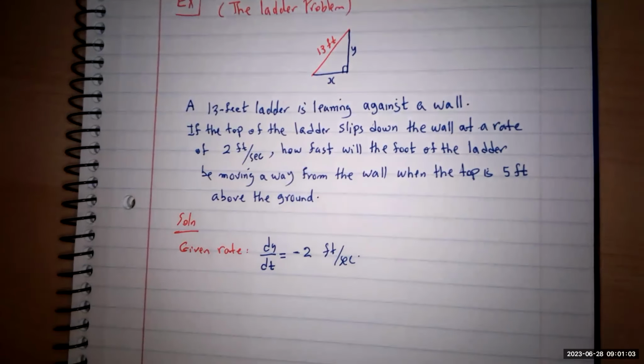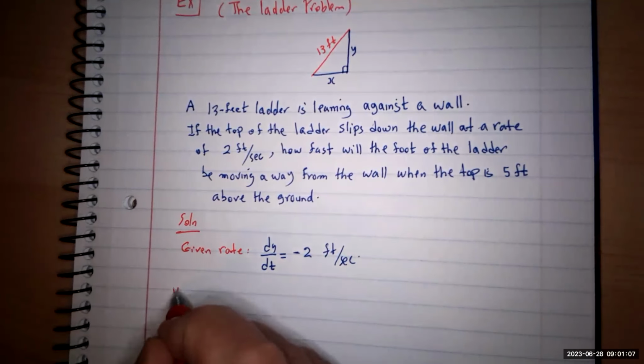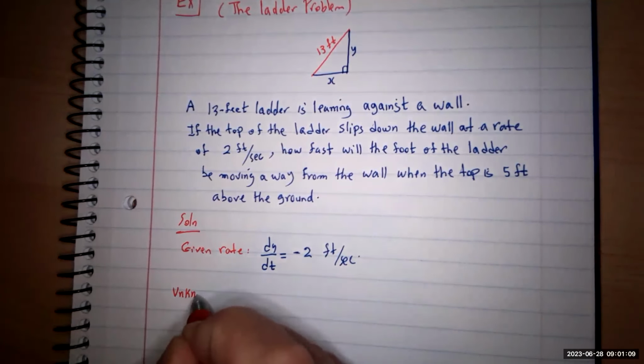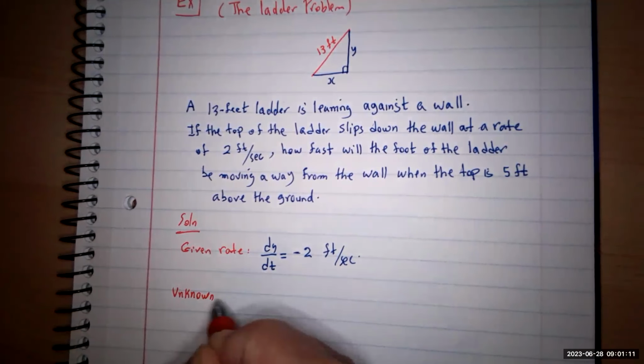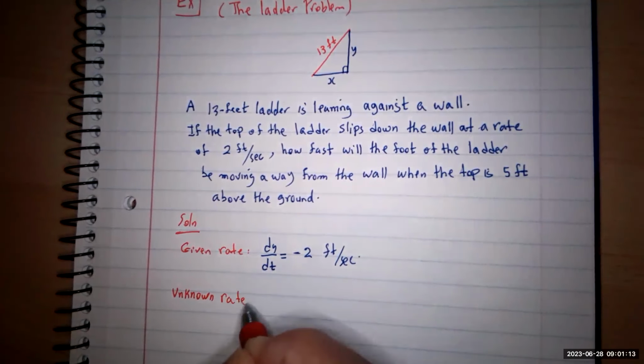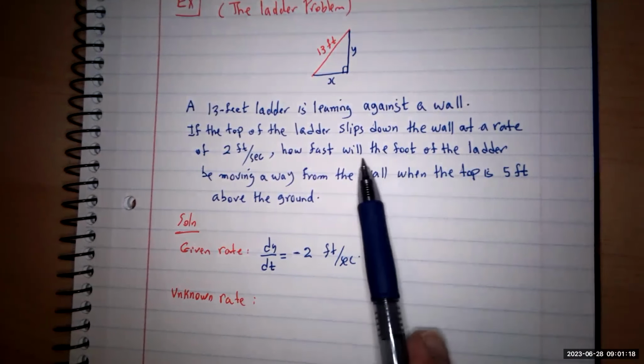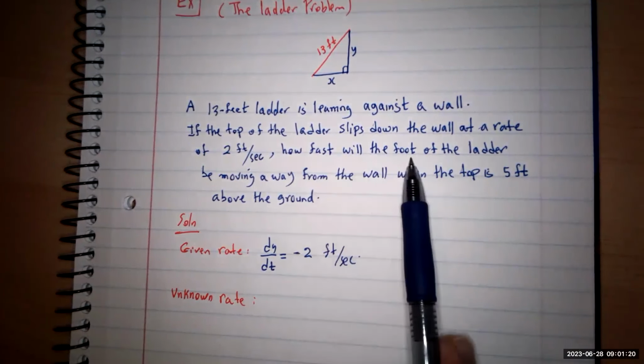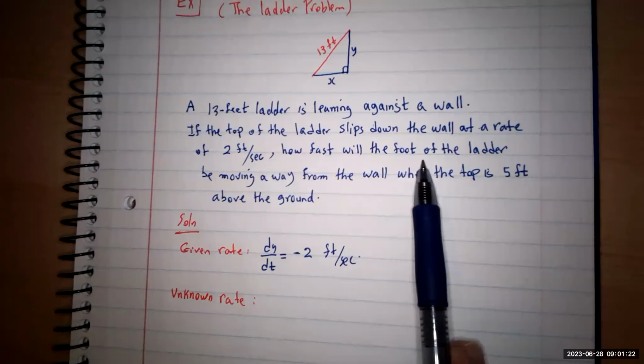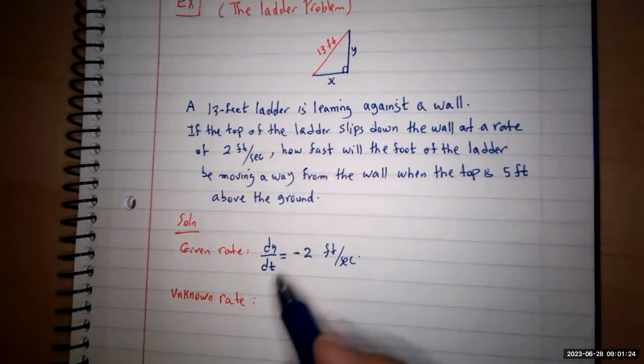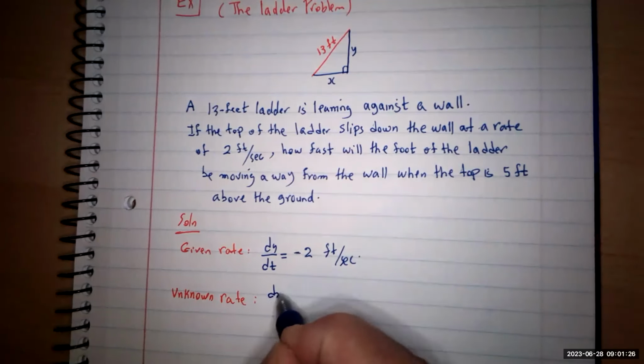The unknown, of course, is going to be dx/dt. What's the unknown rate? As you can see, they ask how fast the foot of the ladder is moving. When they talk about the foot, it means the x, so dx/dt is missing.